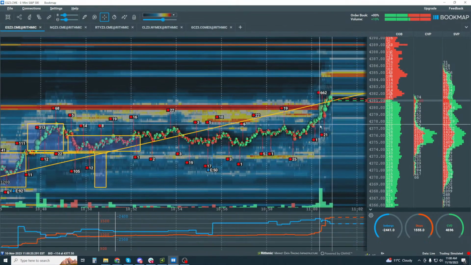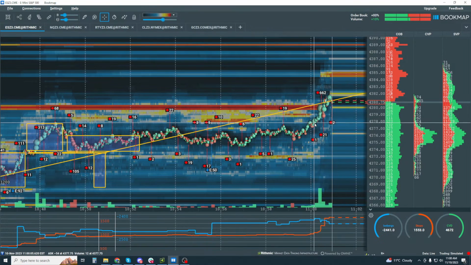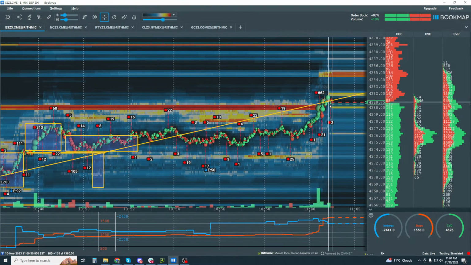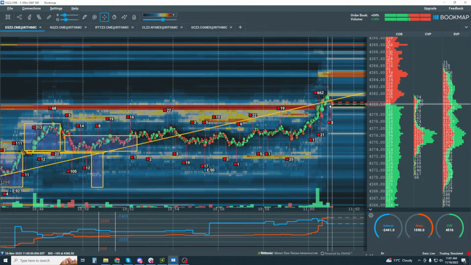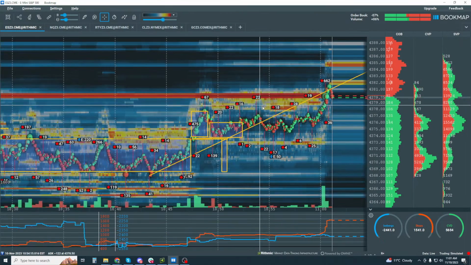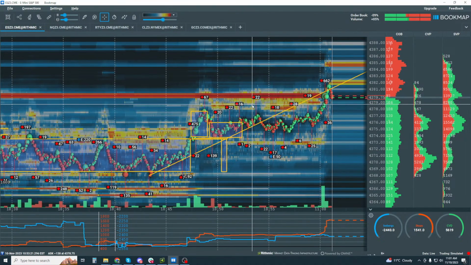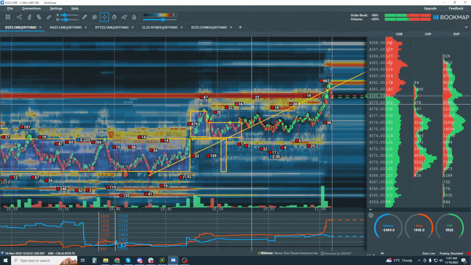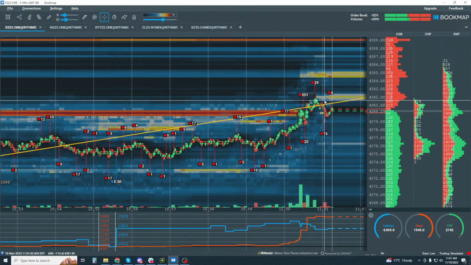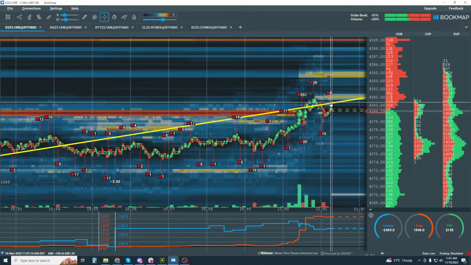But if you're quick in here, you can look for those momentum moves, catch some small scalps for a few points here and there. And I think they're very high probability moves. You're not looking for much, but you're looking for it being highly probable.